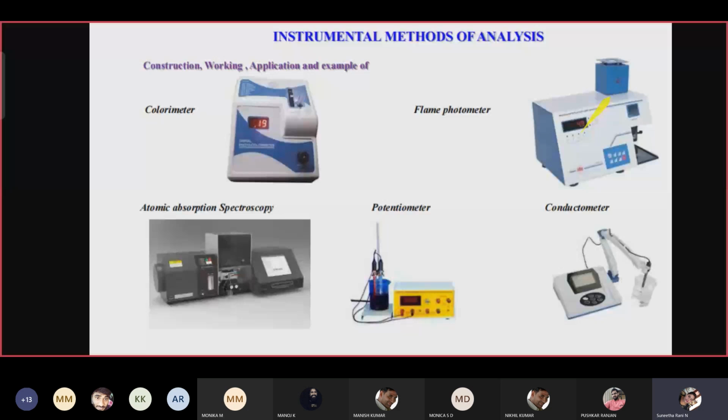Atomic absorption spectroscopy is used at the atomic level. The potentiometer measures the potential developed in the ionic solution. The conductometer measures the conductance of the solution, how ions conduct in the metal ionic solution. We are going to study all these 5 instruments in detail, along with their applications. The first one is the colorimeter.